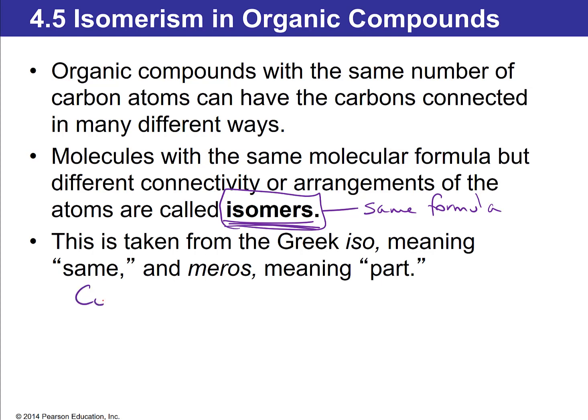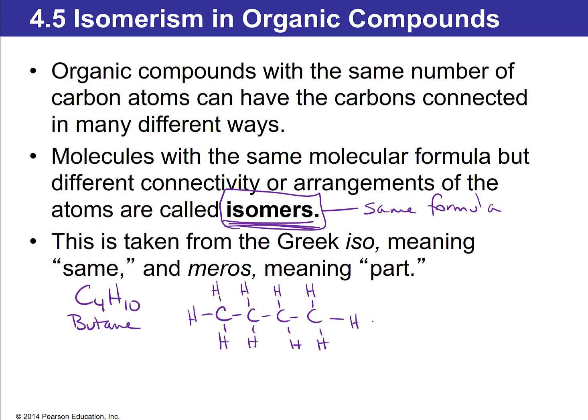So if I have C4H10, that's butane. And if I draw it out as butane, 4 carbons, end carbons have 3 hydrogens, middle carbons have 2. Right?